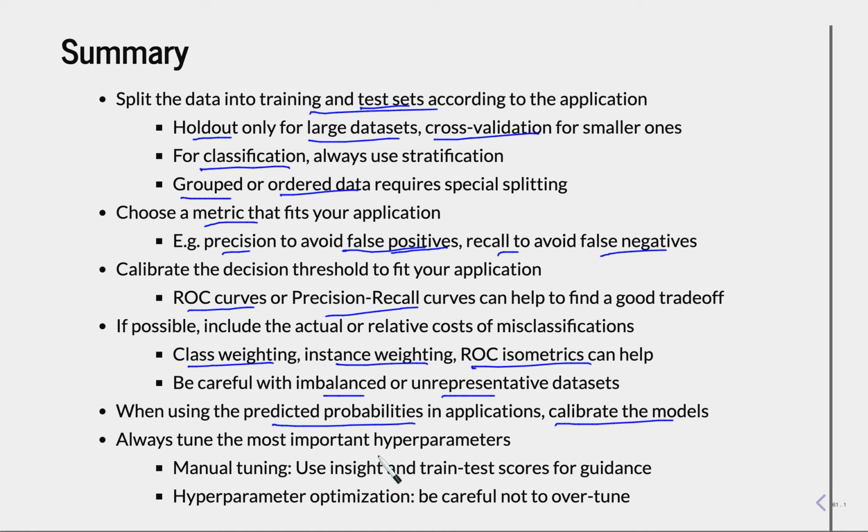And if there are hyperparameters, and there are typically always hyperparameters, always tune them. Some algorithms have really good defaults, but you have no guarantee that these defaults will work well on your dataset, so always tune your models. If you tune your hyperparameters manually, you can use your insight.